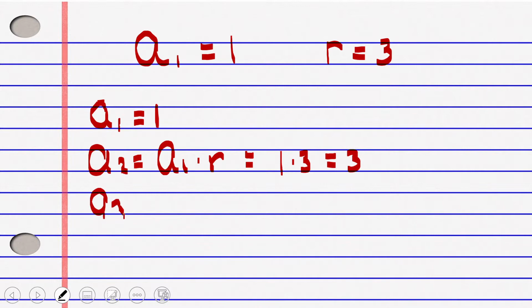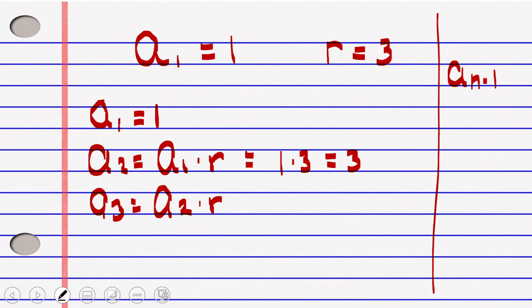A subscript 3 is going to equal a subscript 2 times r, and that's where this formula comes in, where it's labeled like this, a n minus 1. It's just a fancy label for the preceding term that you're using, just like we're doing in the sequence.